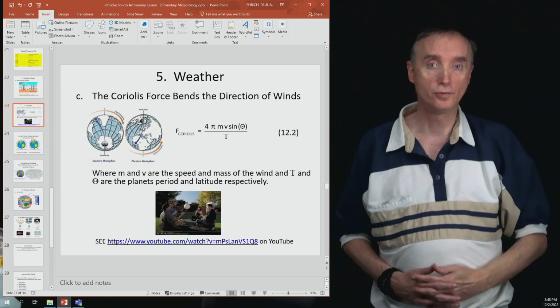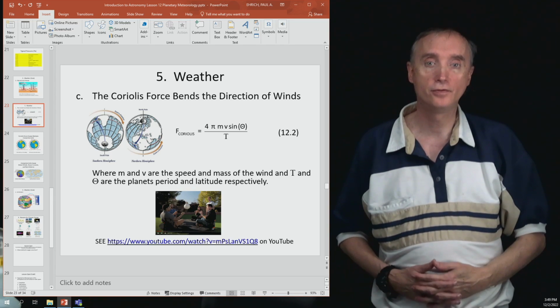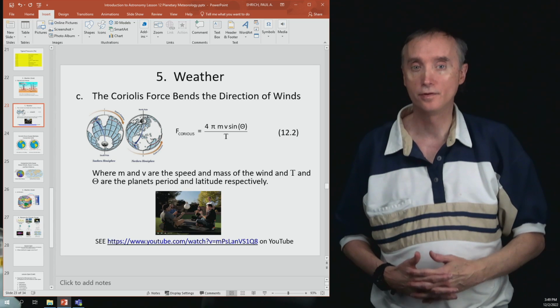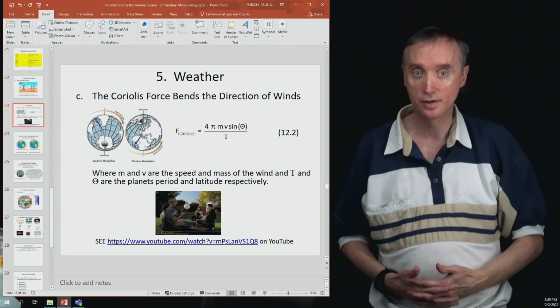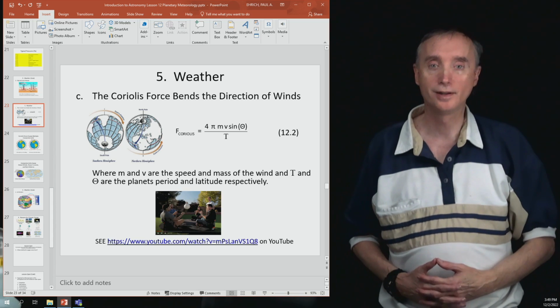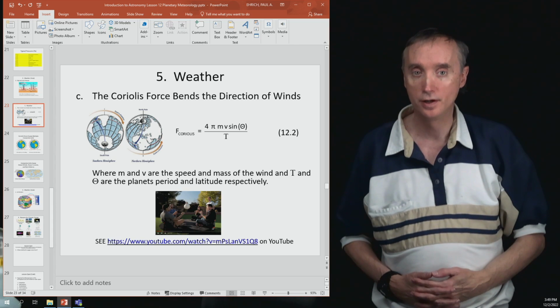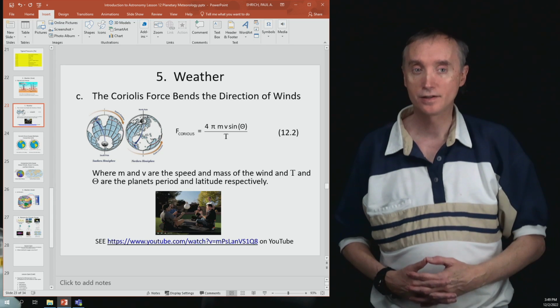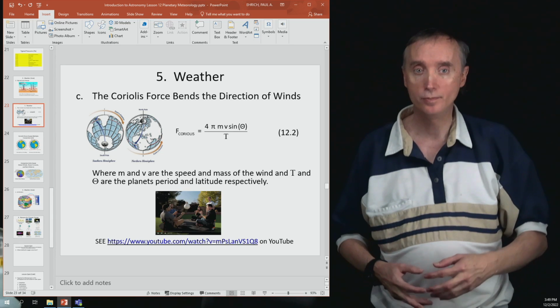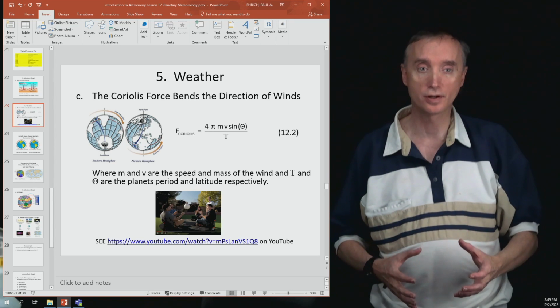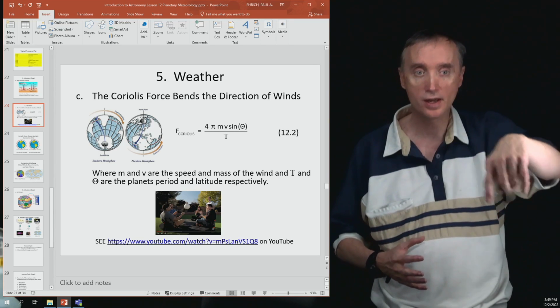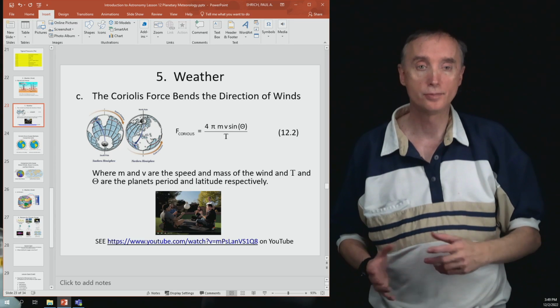And there's a formula for it. If you look at that formula, that's the Coriolis formula, for the Coriolis force. And let's just look at what letters are in that formula. You should recognize the letter M. That stands for mass, the mass of the object that is trying to move on a rotating object.